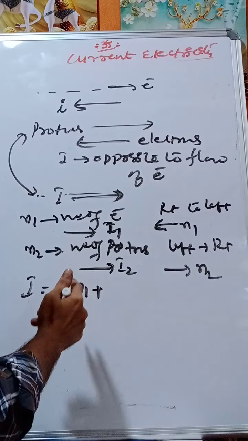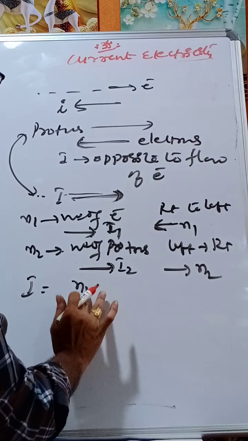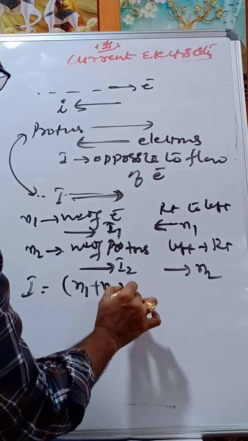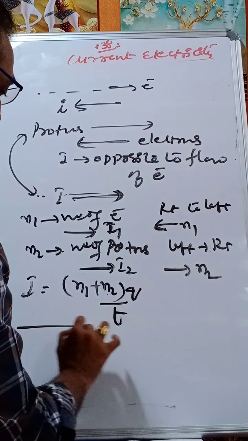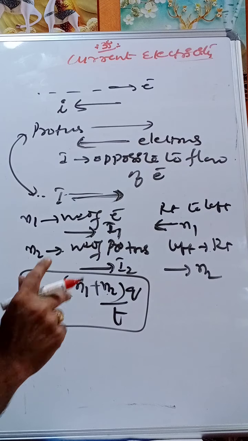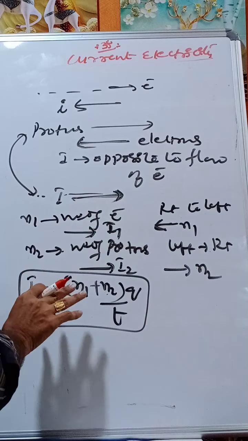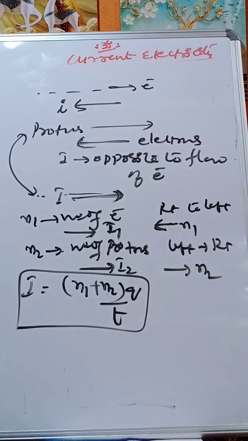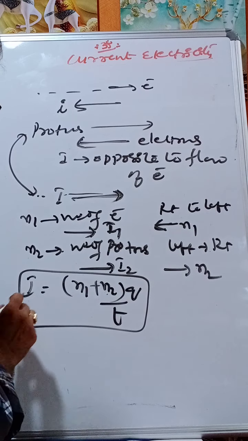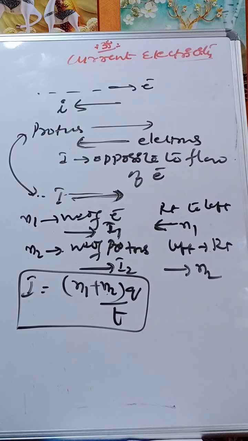Therefore, there is no need for a negative sign. Therefore, total current I is equal to (n1 plus n2) into charge by time. If any direction is reversed, you take the direction accordingly, so it may be n1 minus n2 or n2 minus n1. This is something about the current in different cases.